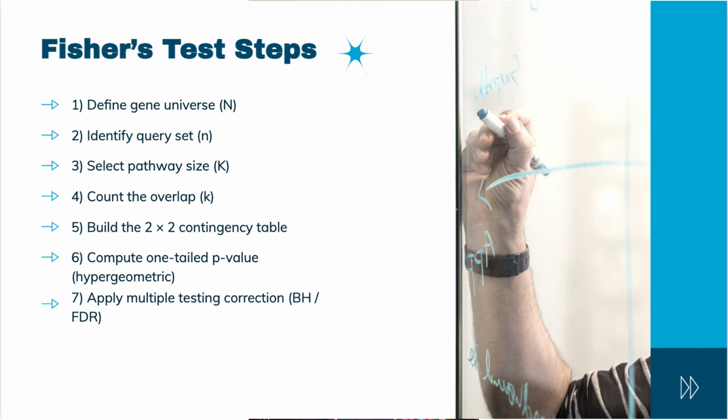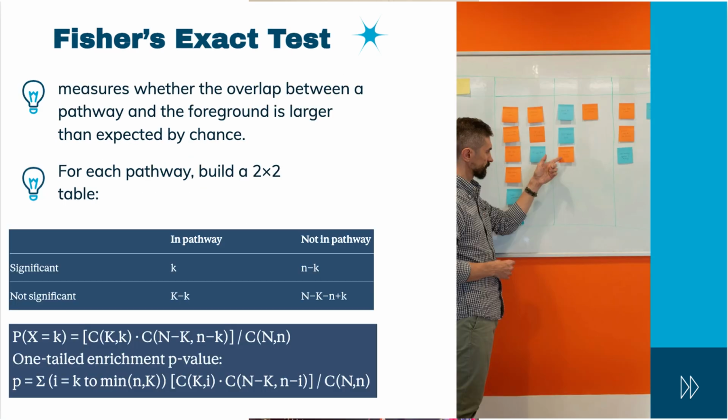So when you look at the Fisher's exact test, you would see that we are calculating the p for which X equals k, and it is given by the combination of the size of the pathway, K, choose the overlap between the pathway and the gene list, k, times the combination of the background minus the size of the pathway, N minus K, choose the gene list minus the size of the overlap, n minus k.